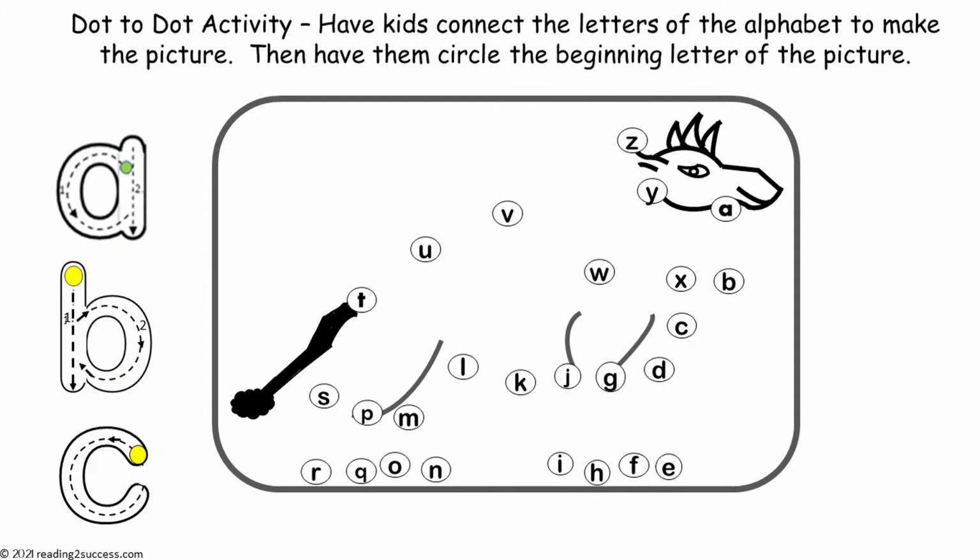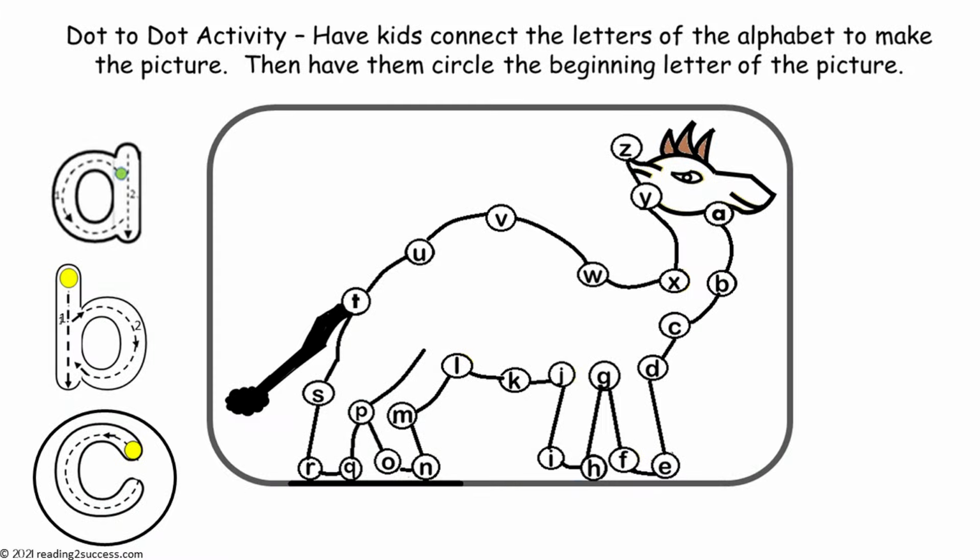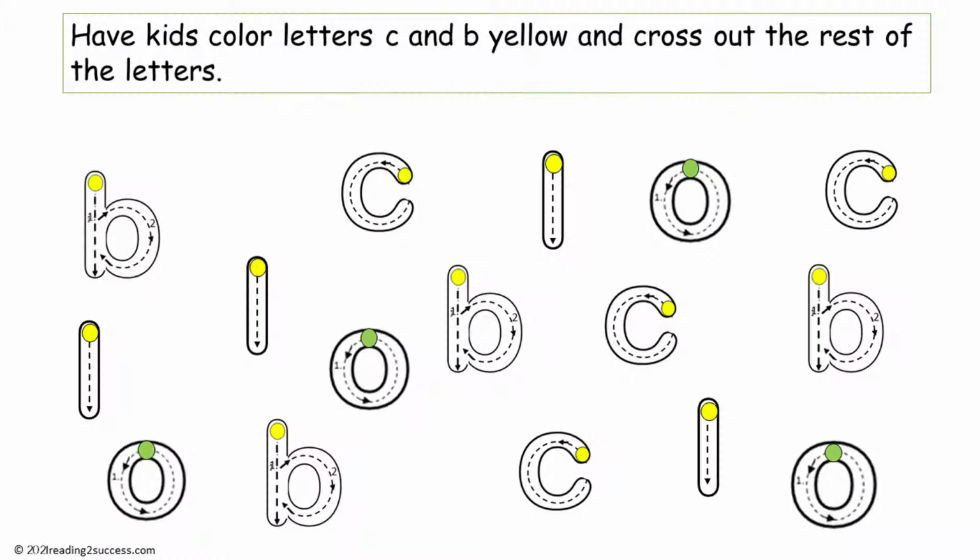This is the practice page for kids to do the dot-to-dot activity. This is a completed example, and the correct letter C is circled for the beginning letter and sound of camel. And now they are ready to color in the camel.